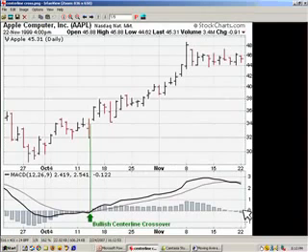Let's not forget that the MACD crossing the zero line is representative of the 12 EMA crossing the 26 EMA to the upside, though they're no longer plotted here on the chart. And the opposite would be true on the top side.